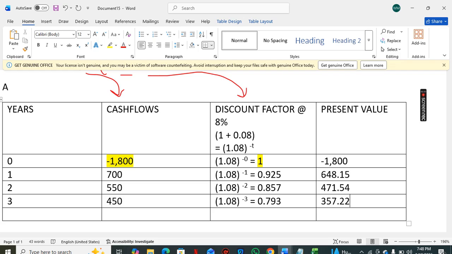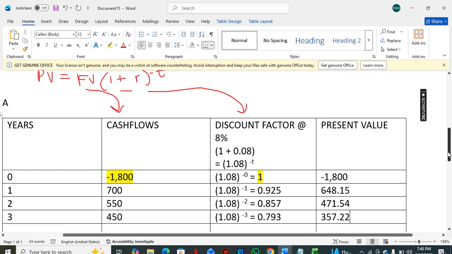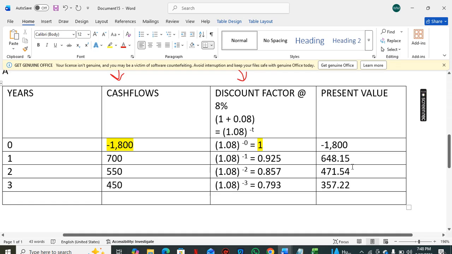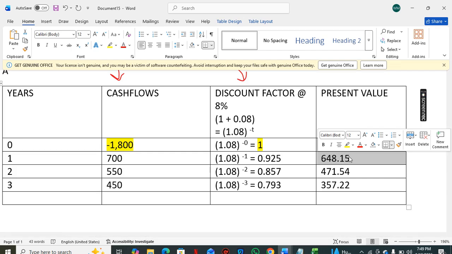Okay, 357.22. Yes. So what you're going to do now is we're going to add, we say negative 1,800 plus 648.15 plus 471.54 plus 357.22.